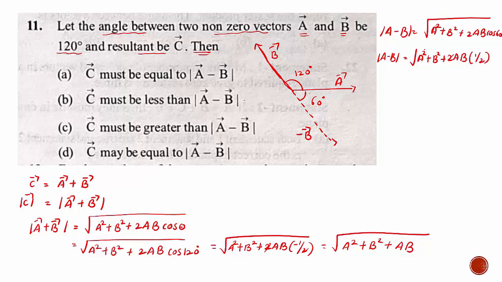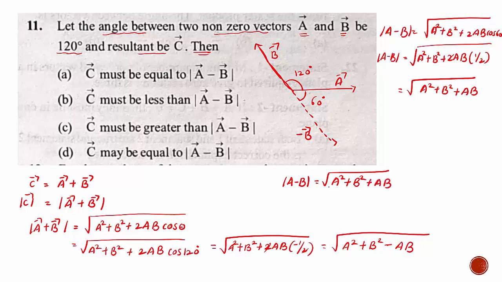The 2 will get cancelled, so we get A square plus B square plus AB. Observe here, this is not minus, this is plus.